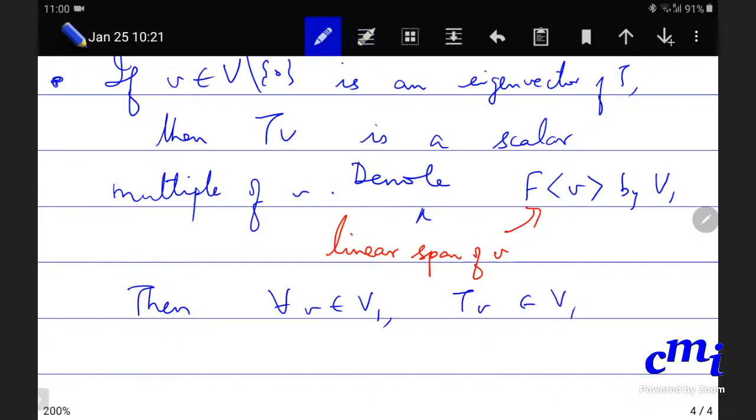In other words, if you're thinking about T as a function from V to itself, this subset V1, which is a subspace, is stable under T, meaning elements of V1 only go to elements of V1. They don't go outside. So in some sense, eigenspaces identify this property.